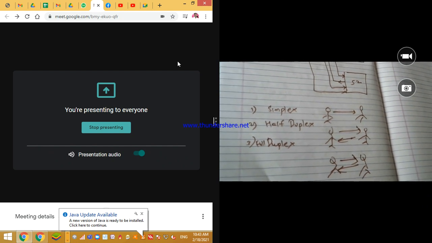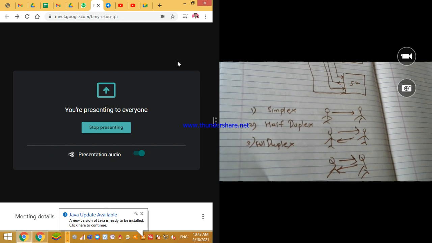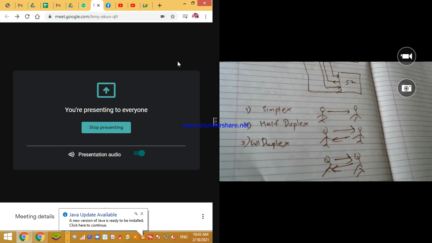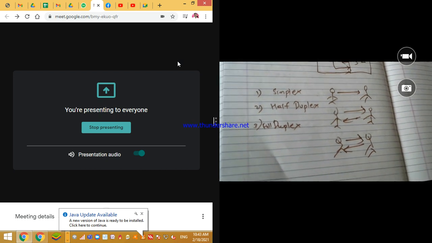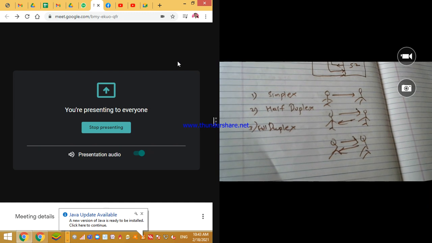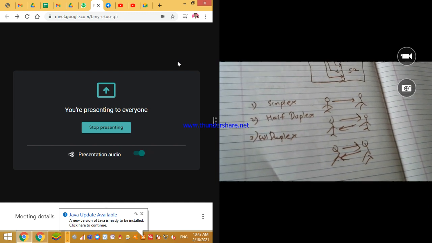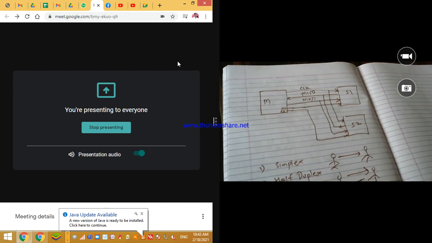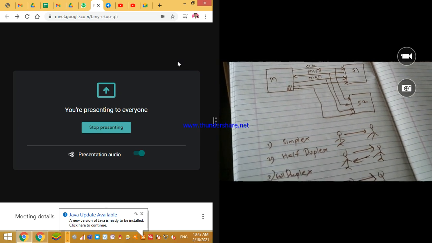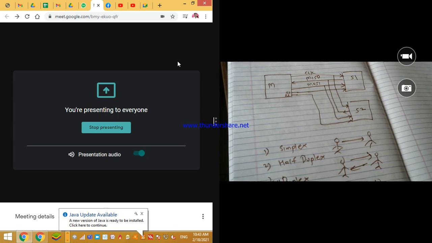There is no restriction. Both sides can put their instructions or information over the network. This is the simple information about simplex, half duplex, and full duplex communication. Here, this is a half duplex communication.